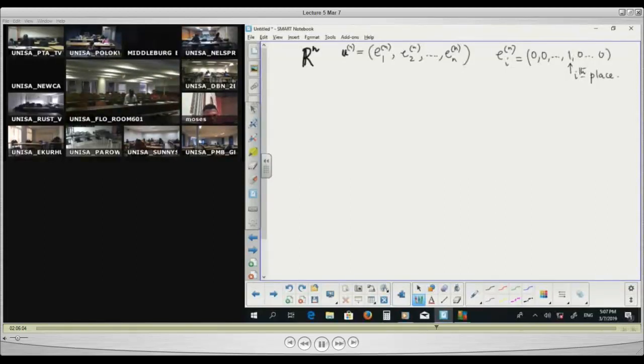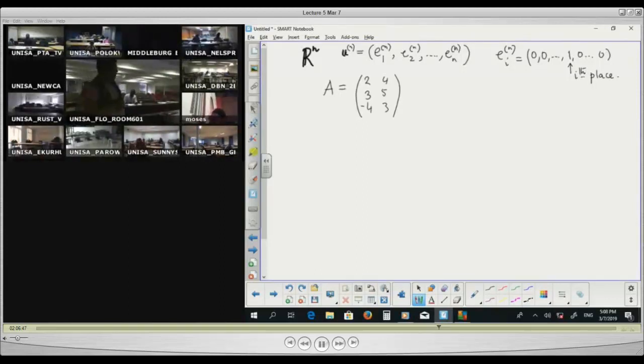Now suppose you give me an M cross N matrix. So let's work out a special case. Suppose you give me a 3 cross 2 matrix.